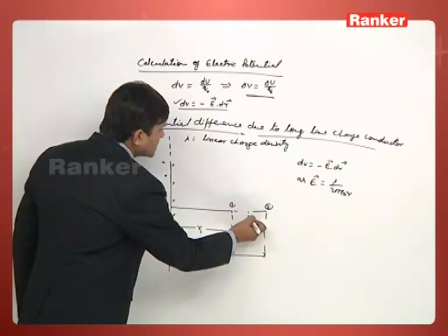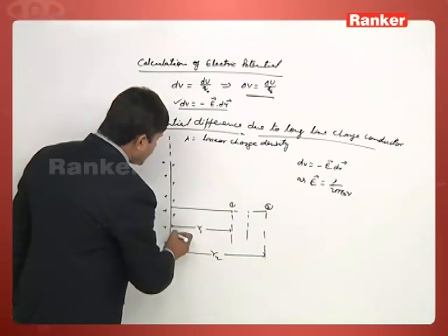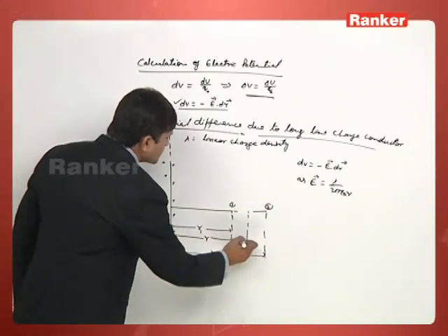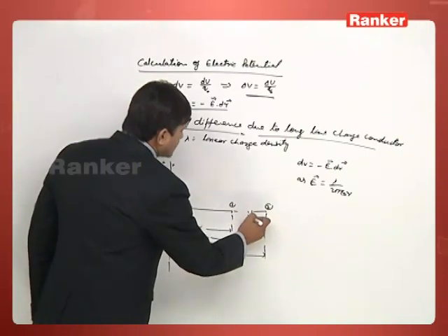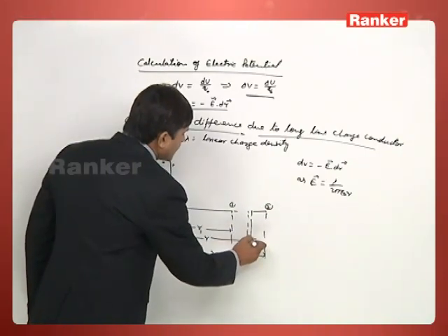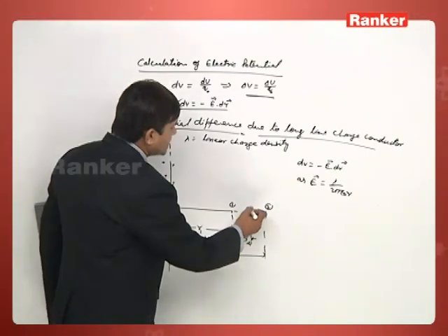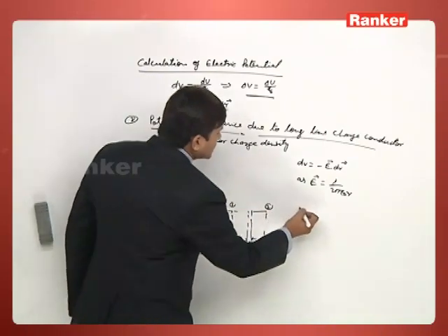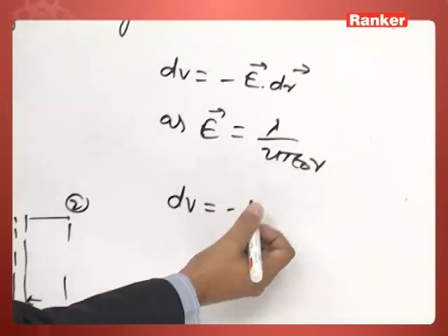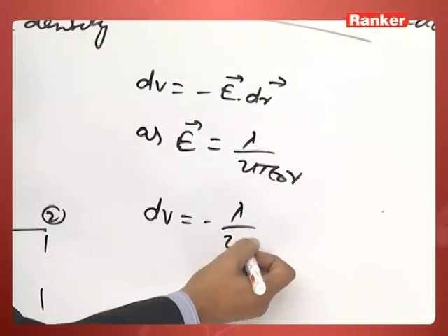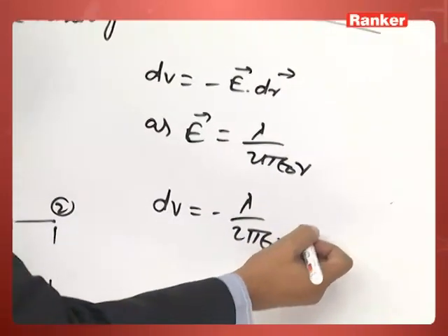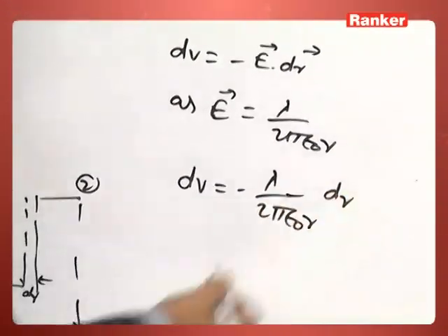So at any certain point here we are taking an element at dr. So dV between these 2 points is written as minus lambda by 2 pi epsilon naught r dr.